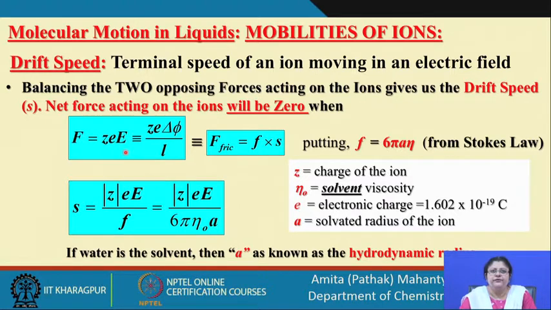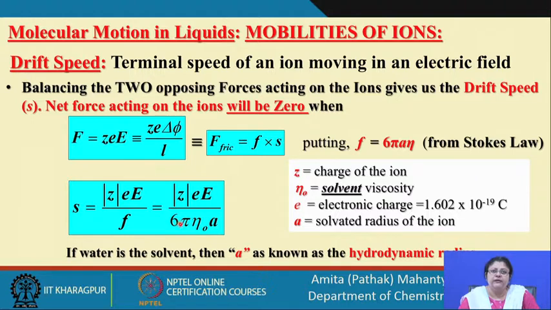Okay. So, if these are equated, then the speed with which they are eventually going to be moving will be known as the drift speed, and that is nothing but ZeE by F, the frictional factor.